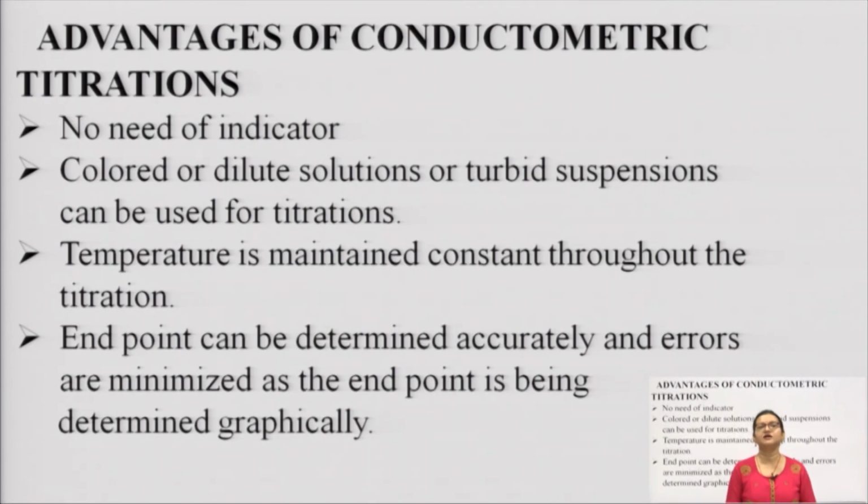Temperature is maintained constant throughout the titration, because temperature will change the conductance of ions. That is why we should keep the temperature constant throughout the titration. That is one condition that is to be monitored very well. The end point can be determined accurately and errors are minimized at the end point.